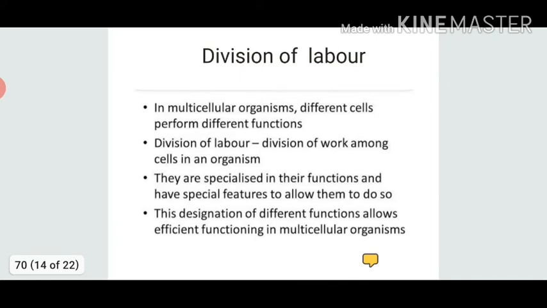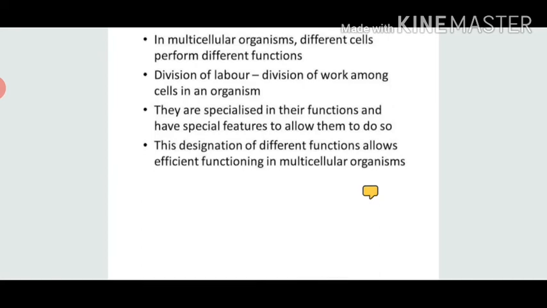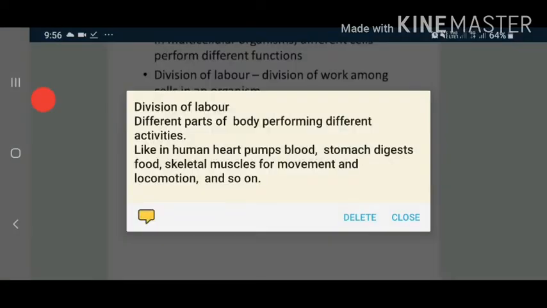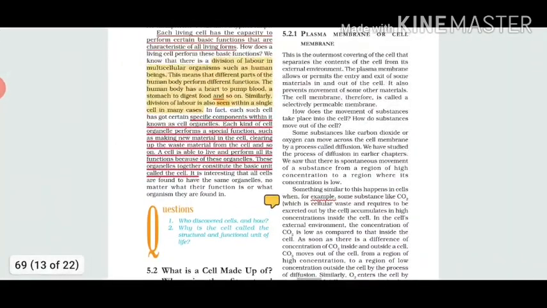This designation of different functions allows efficient functioning in multicellular organisms. Division of labor means division of work, like in humans: the heart pumps blood, the stomach digests food, skeletal muscles are for movement and locomotion, and so on. There are so many cells that help the body perform its functions.